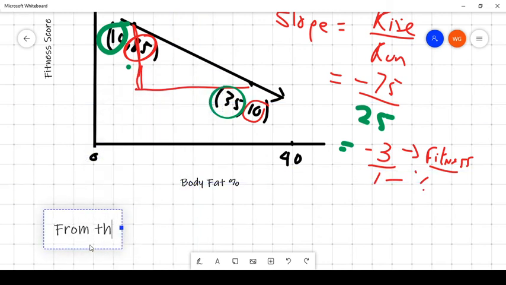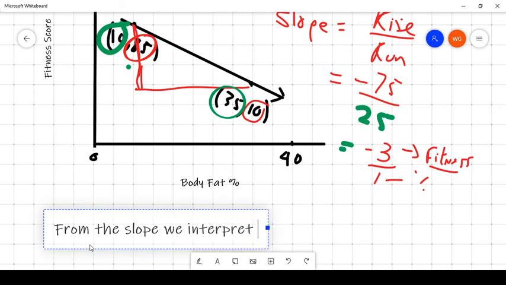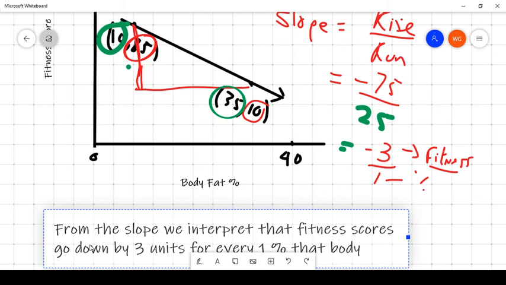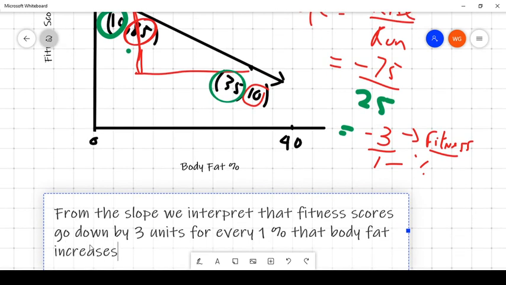So from the slope, we interpret that fitness scores go down by 3%, or by 3, okay, by 3, because we didn't say the fitness score was in percent, goes down by 3, we'll call it units, for every 1% that body fat increases. Okay, and I'll move this up so you can see it a little bit better, okay? But that's what the slope means.